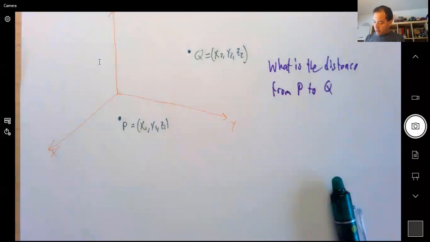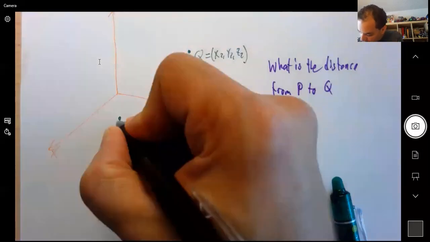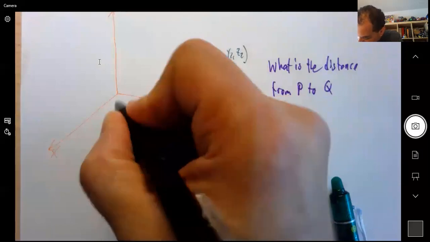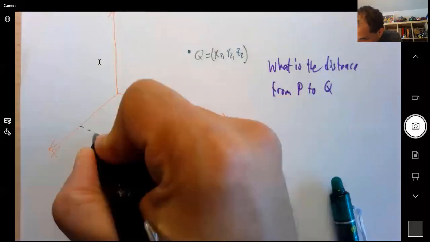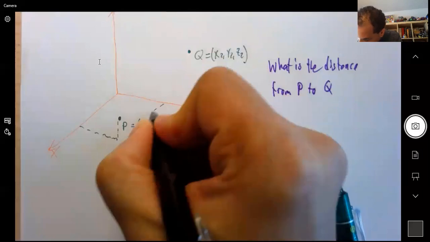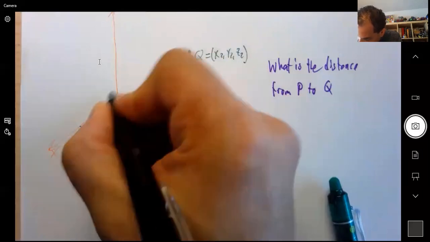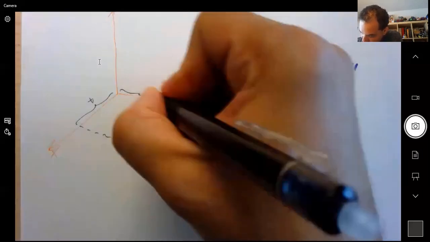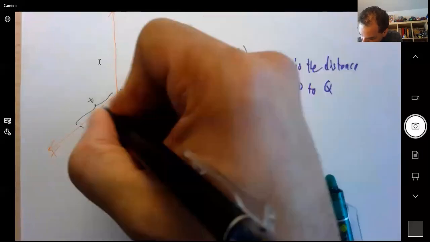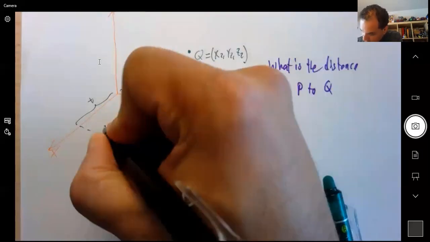Okay, so here's how we're going to do it. Here are the parameters for this one. This is x1, this is y1, and right here, from here to here, that's z1.